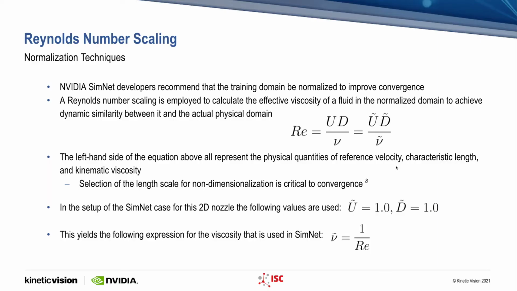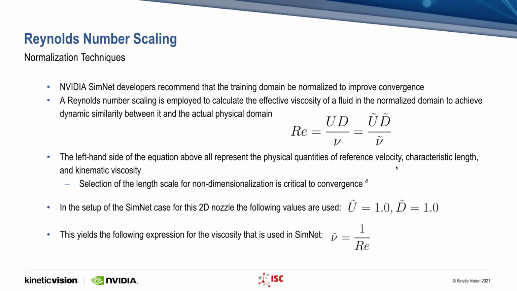One of the important things that you need to think about when you're first setting up a SimNet case is how to non-dimensionalize the domain so that you don't wind up with any disparities in weight values. You want most of the weights to actually be between 0 and 1. One way to achieve this is by using a Reynolds number scaling to a fairly normalized domain.